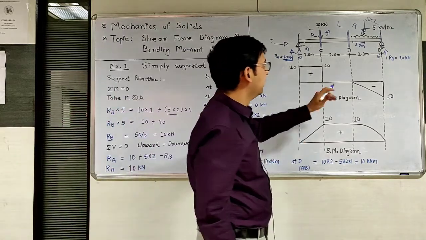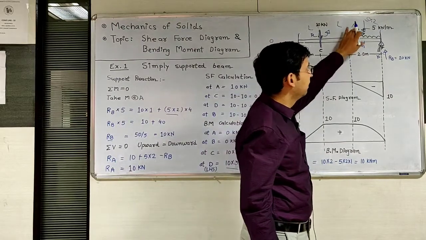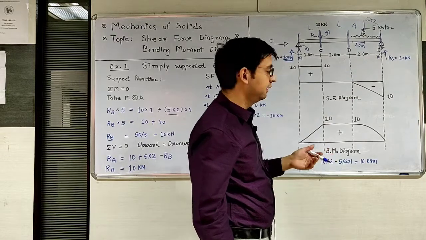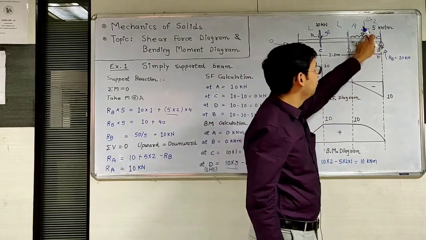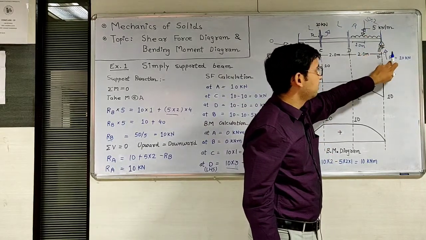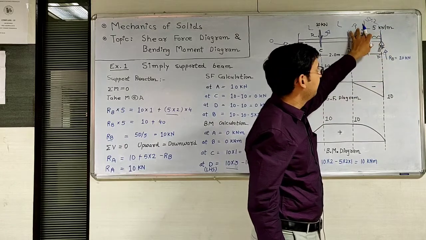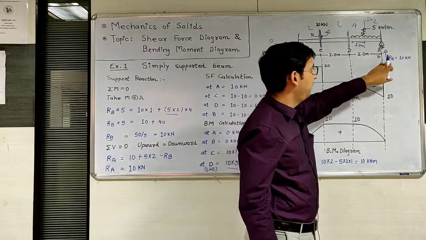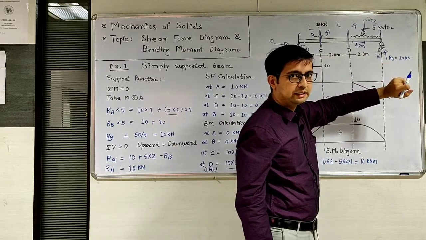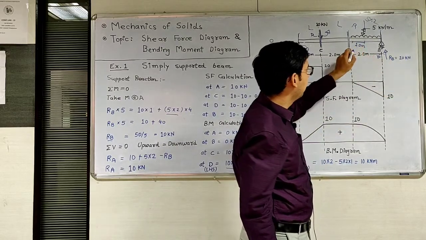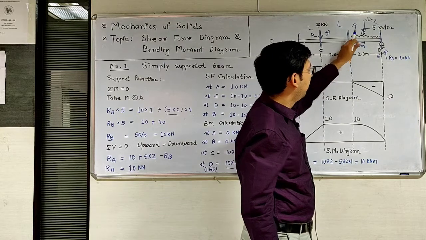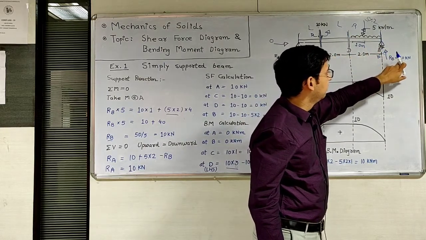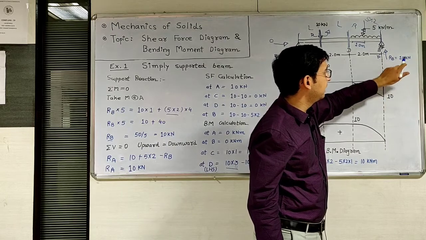Now calculate moment at D using the right hand side of the section. On the right hand side of the section there are two forces. First one is the support reaction and second one is due to the UDL. So moment means force into perpendicular distance.